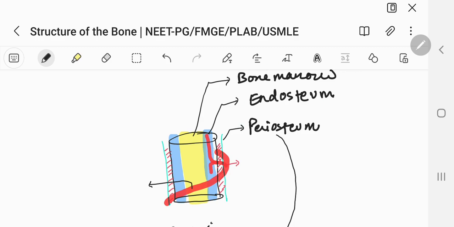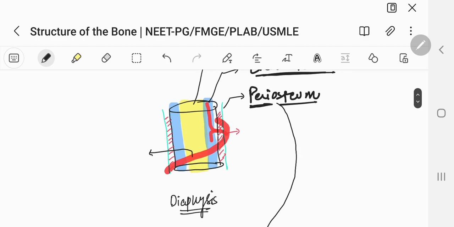So the bone is surrounded by periosteum. Peri means around, osteum means bone. So around the bone, what do we have? We have periosteum. Around the bone marrow, what do we have? We have endosteum. Now you can also find these blood vessels that are around the bone, and they're also going inside and supplying the inner part of the bones, right?